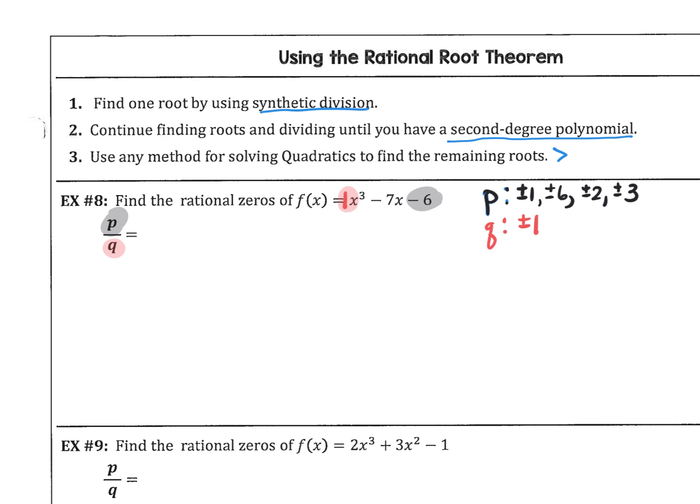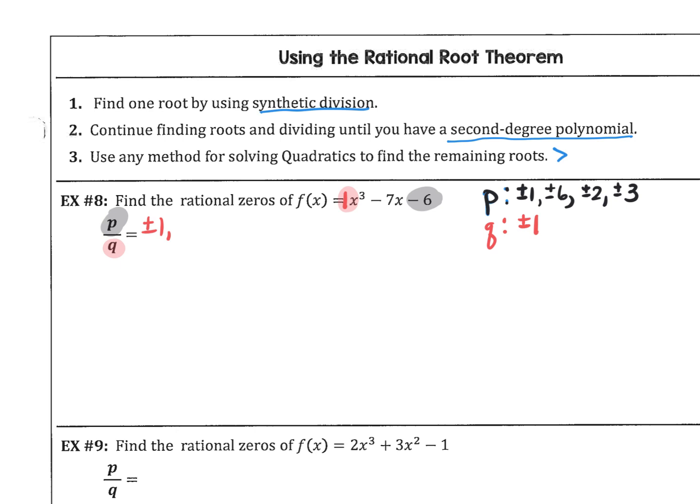Now, we are going to take every P that's possible and divide it by every possible Q. This one's easy because it's always easy when the Q is just 1. When the lead coefficient is 1, you're going to be like, woohoo! When the lead coefficient is not 1, then it gets to be fun. So all the P's, plus or minus 1 divided by 1 is plus or minus 1.